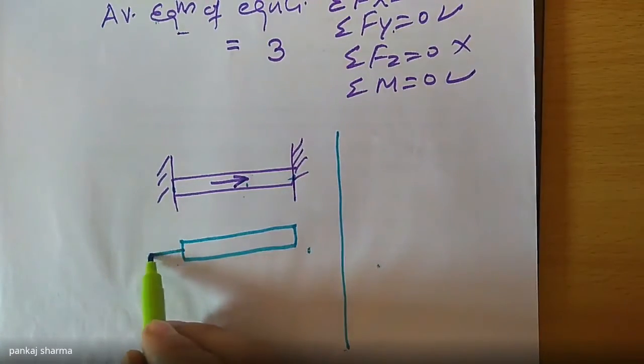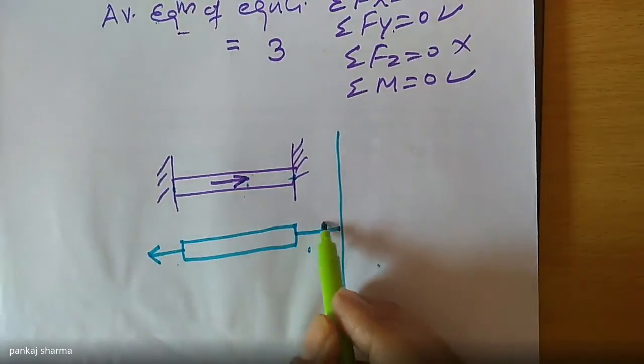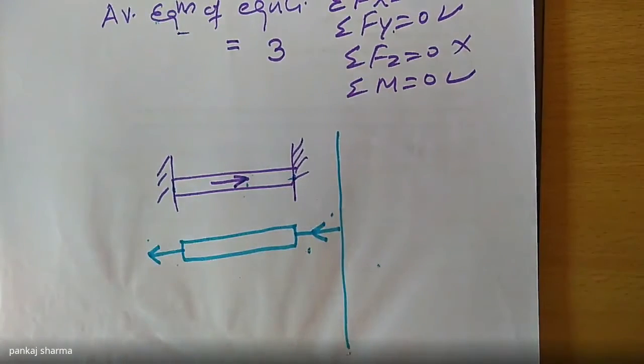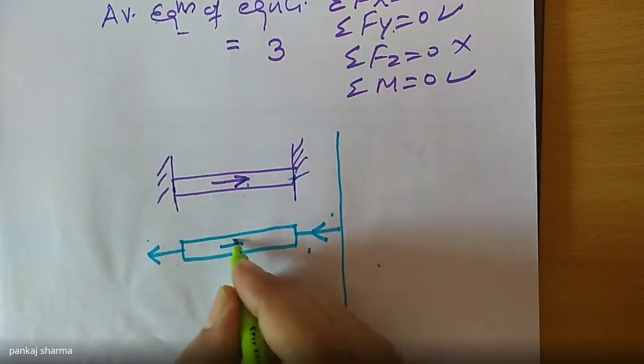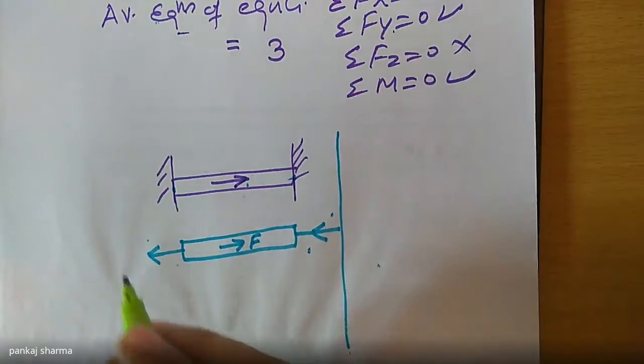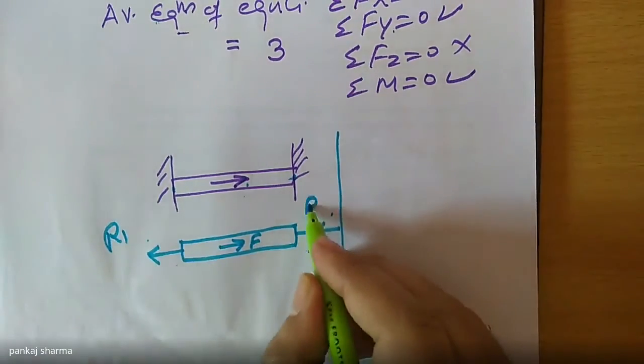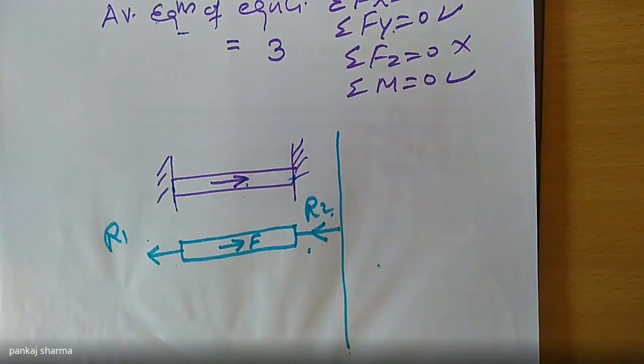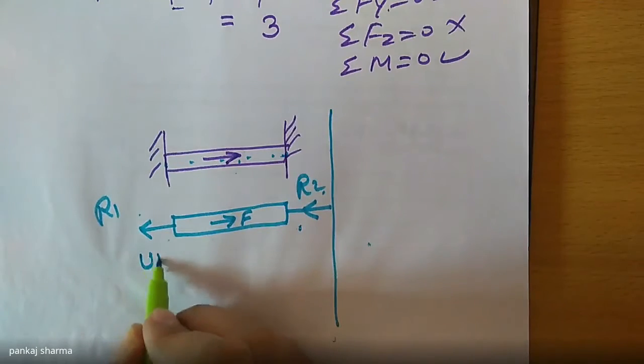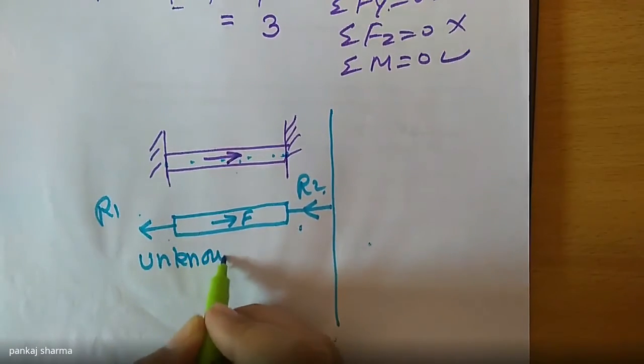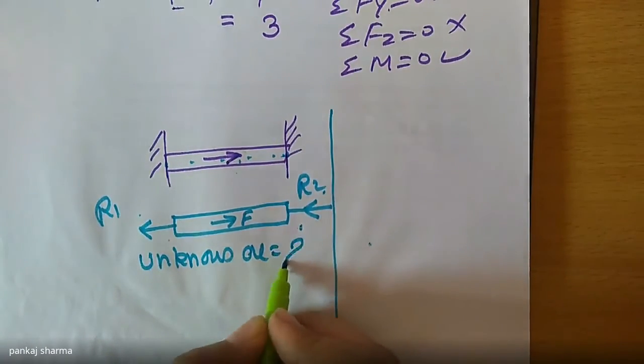Assume the direction, only the external force is there. So it is R1. What is the value of R? Whatever the reactions R1, R2, they depend on the location of the force acting. So the number of unknowns are only 2.